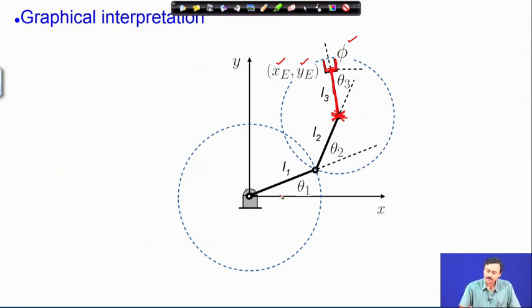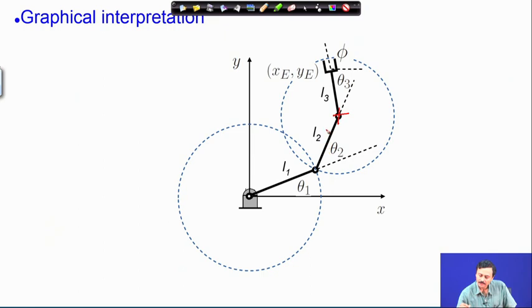What is not known is theta 1 and theta 2. So, therefore, this is fixed.